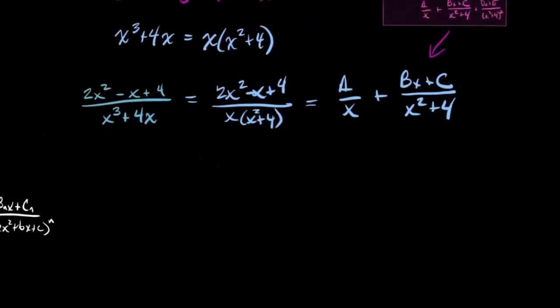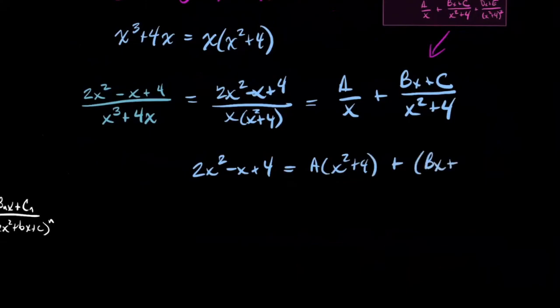All right, so let's multiply both sides by the LCD. And when we do that, we're going to have 2x squared minus x plus 4 is equal to a times x squared plus 4 plus bx plus c times just x.